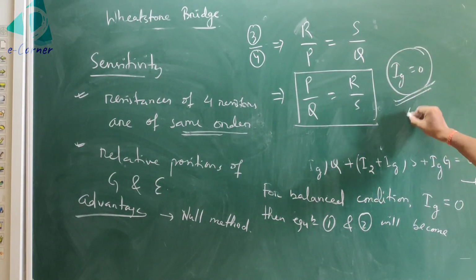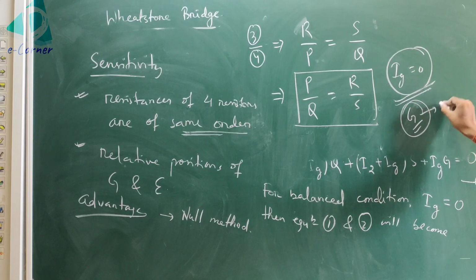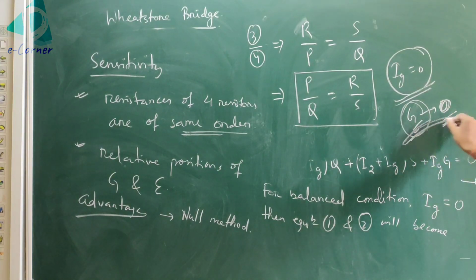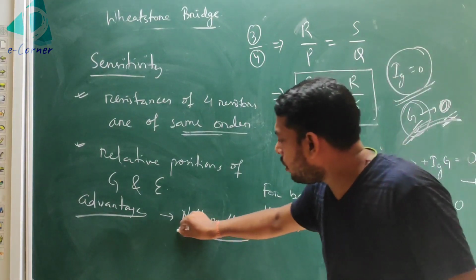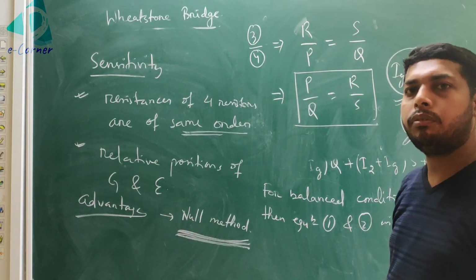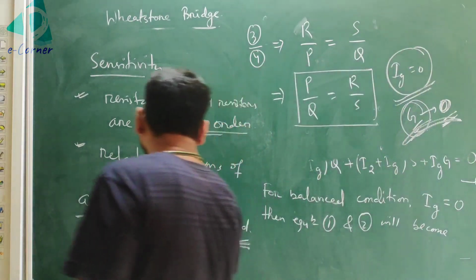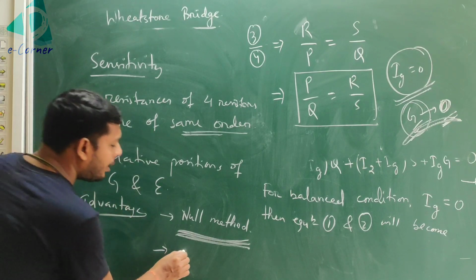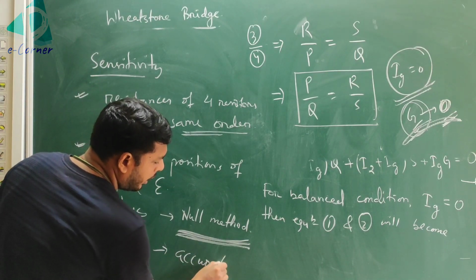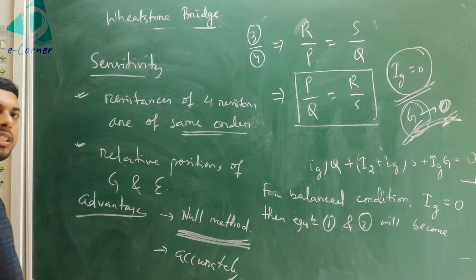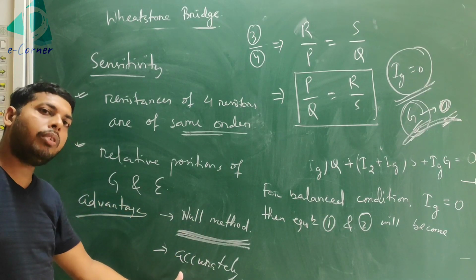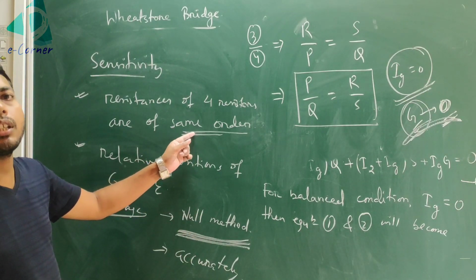When Ig is equal to 0, the galvanometer shows 0 value, so no current is detected, and since it is getting 0, we call it a null method. Got it? Second advantage is that we can calculate the value of resistance very accurately. Very small resistance or very high resistance cannot be calculated, but it is more accurate. Why? Because all are of the same order. Got it?